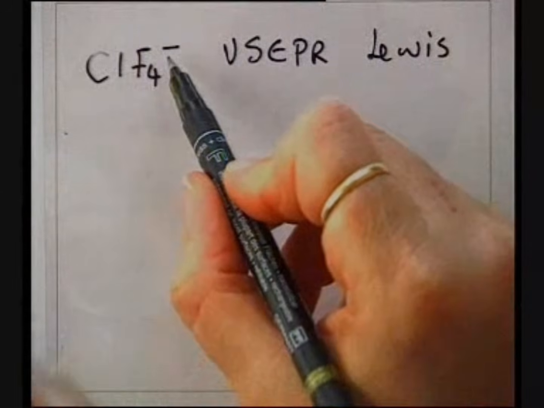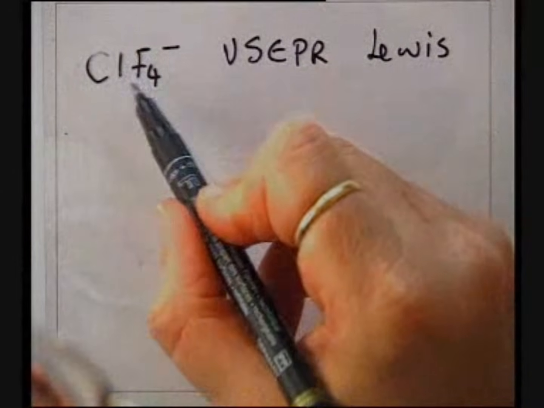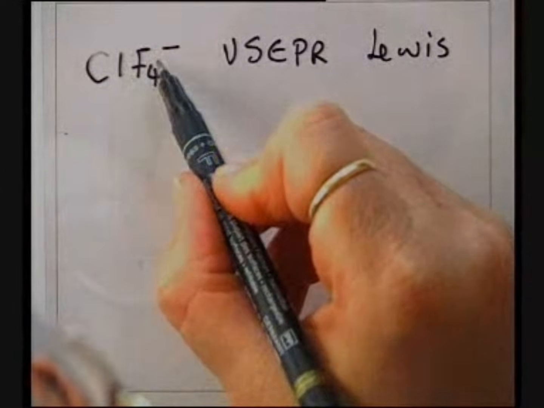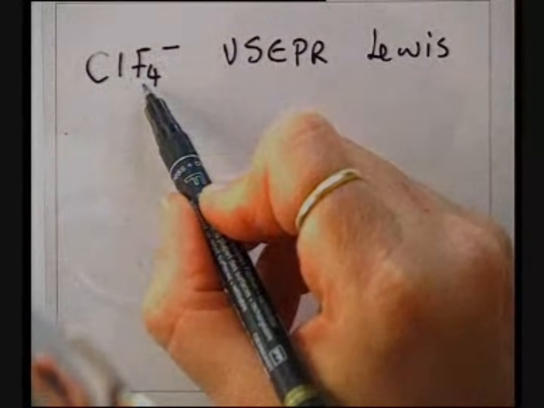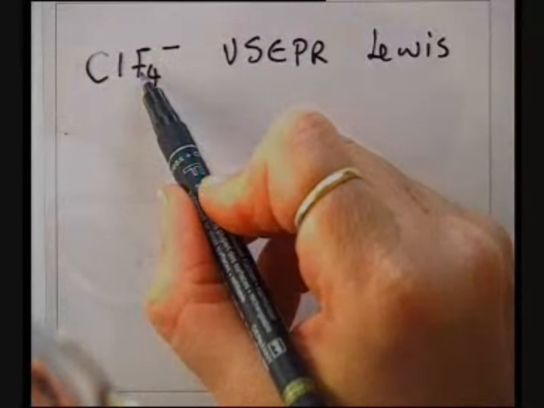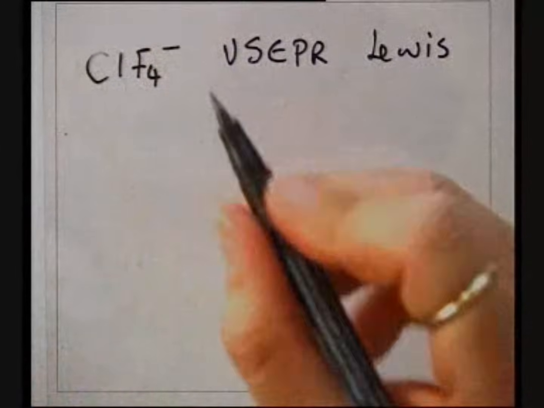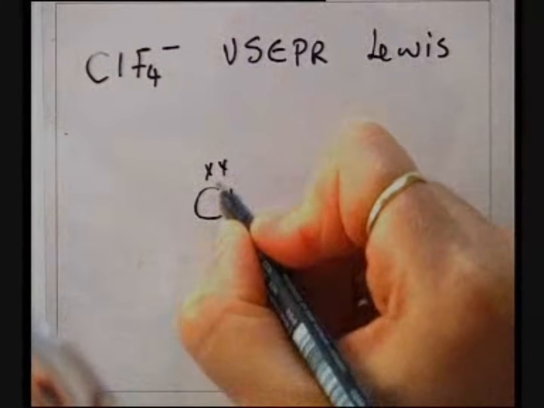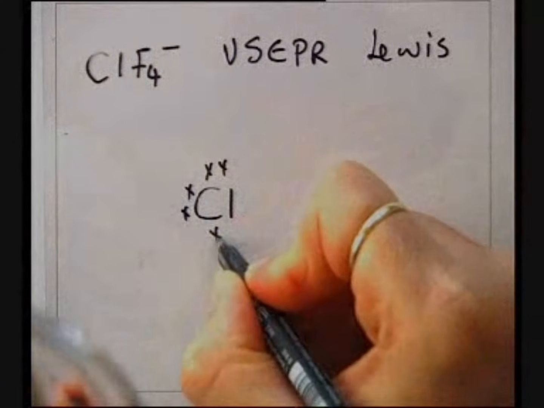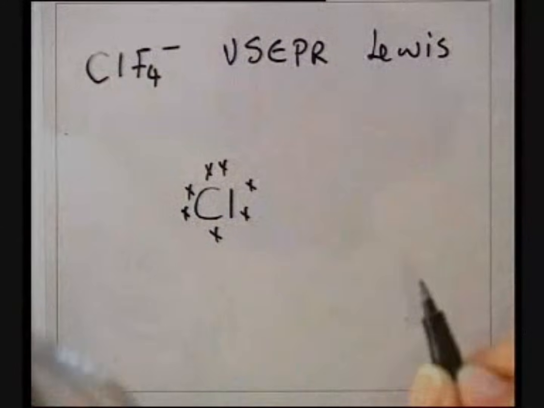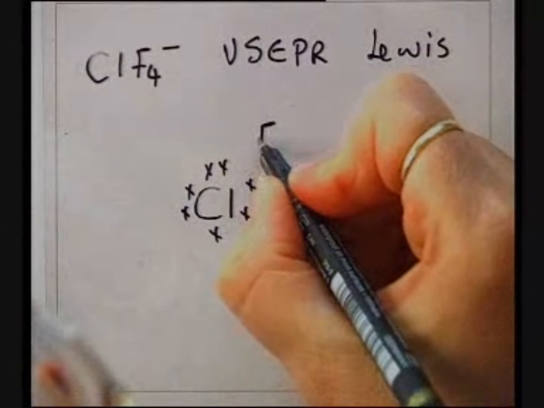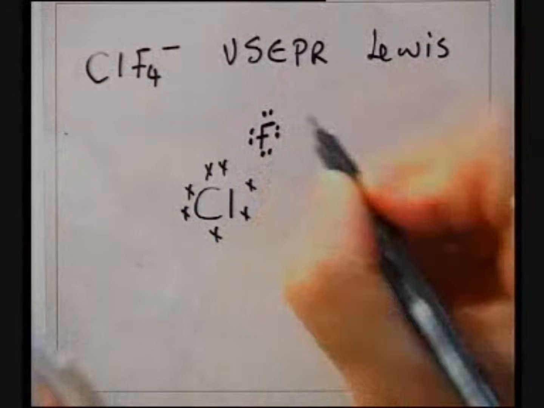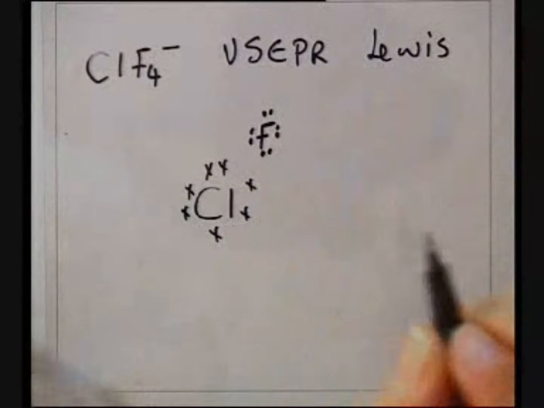An extra electron is accommodated in the molecule. The extra electron will be accommodated on the atom that is more electronegative. Fluorine is more electronegative than chlorine. So we've got a chlorine atom, 7 valence electrons. We've got one fluorine atom having 8 electrons, and an electron octet.